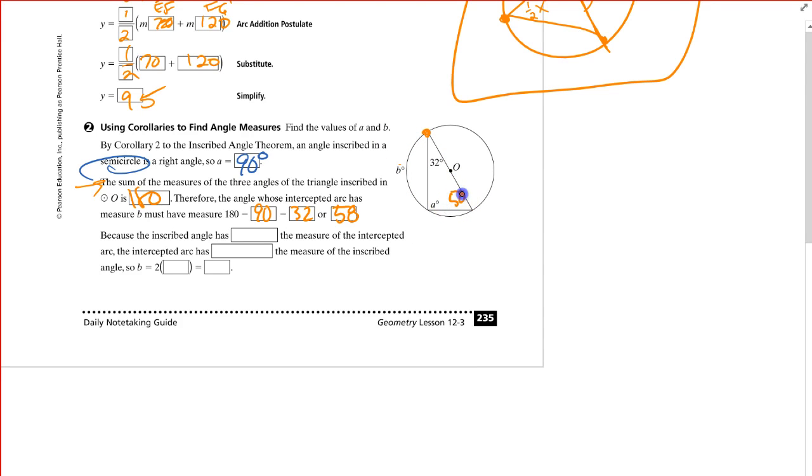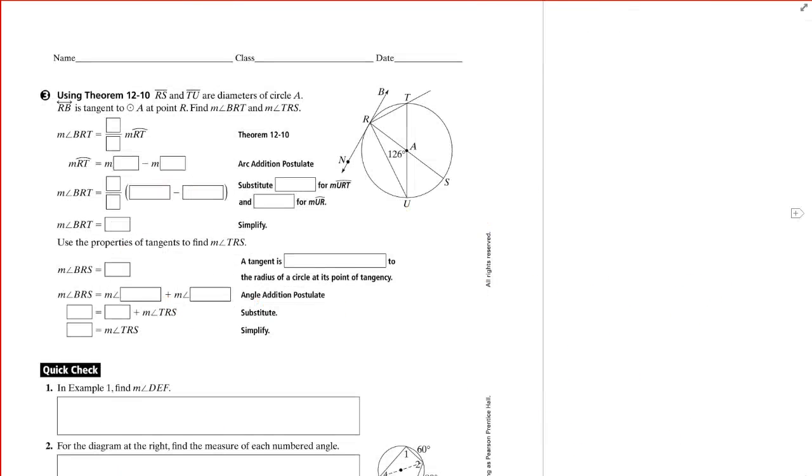This is 58 and it's formed by these two lines. Well, they intersect the circle here, and they have a vertex sitting over here on the circle. So if this is 58, then the arc that I have intercepted should be twice that. So here we go, half here, twice here, and so this B measurement for the arc around the circle would be 2 times 58. 58 was the angle measurement, double the angle measurement to get the arc measurement, and so B is 116. That was fun. Let's keep going. Number 3.